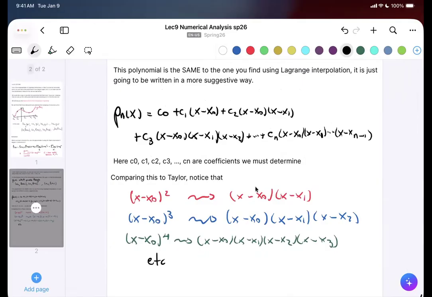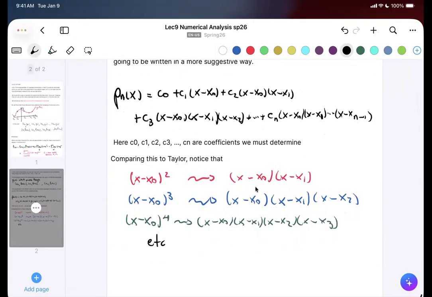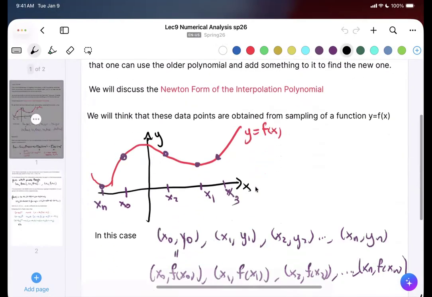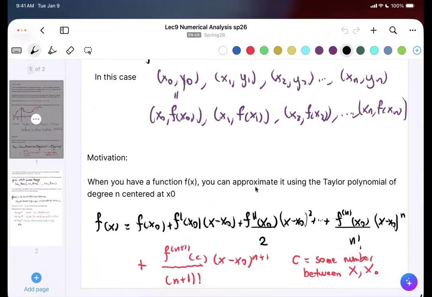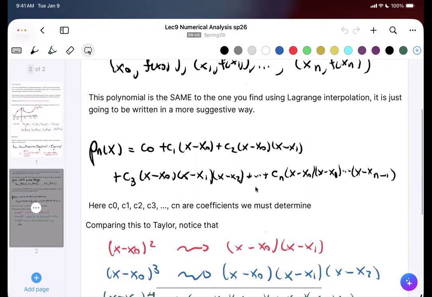In fact, there's another comparison I can do with Taylor. Let me just write it down here. If you call this the Taylor polynomial of degree n, let me copy paste this one. So here's another analogy to have.